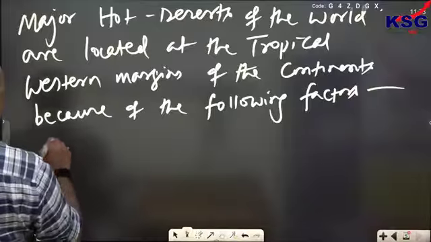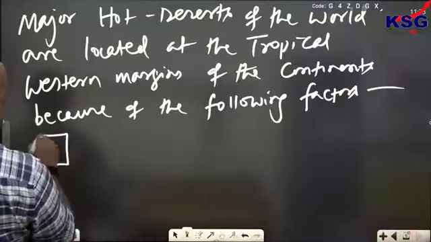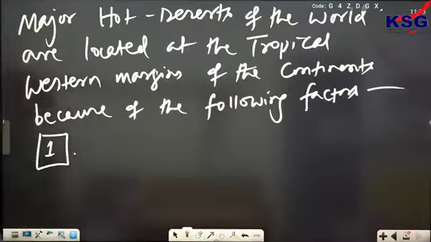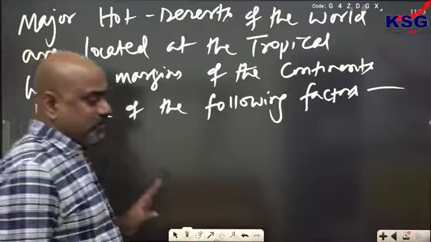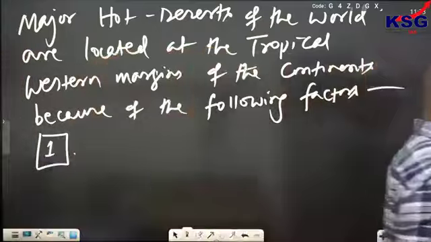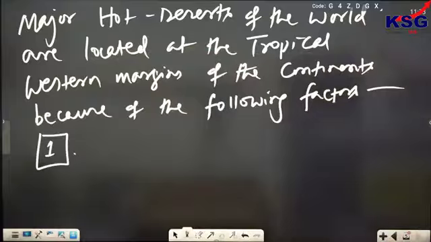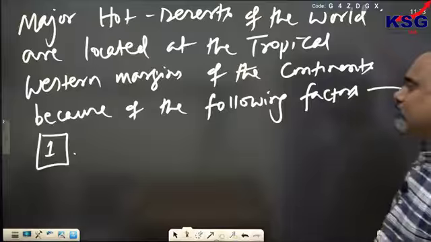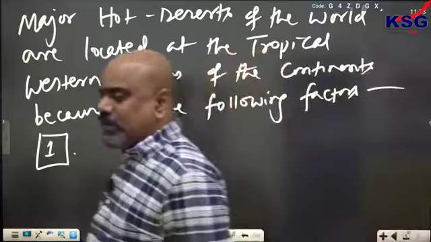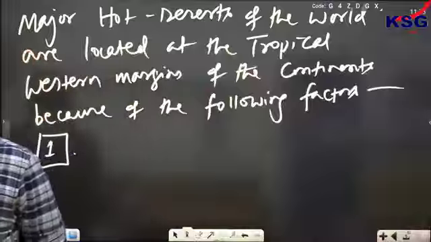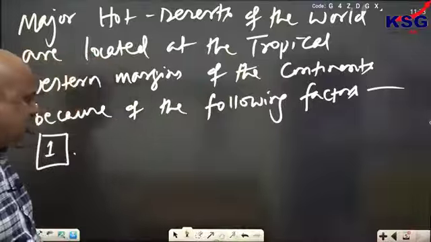First and foremost factor is, as you have seen, all these major hot deserts are located at the tropical western margins of the continent. What is the major cause behind this? Let us see.